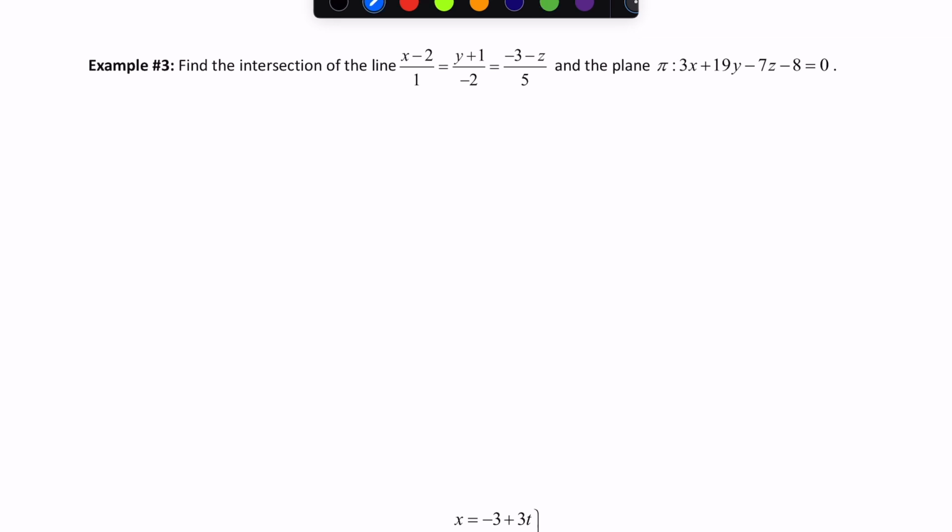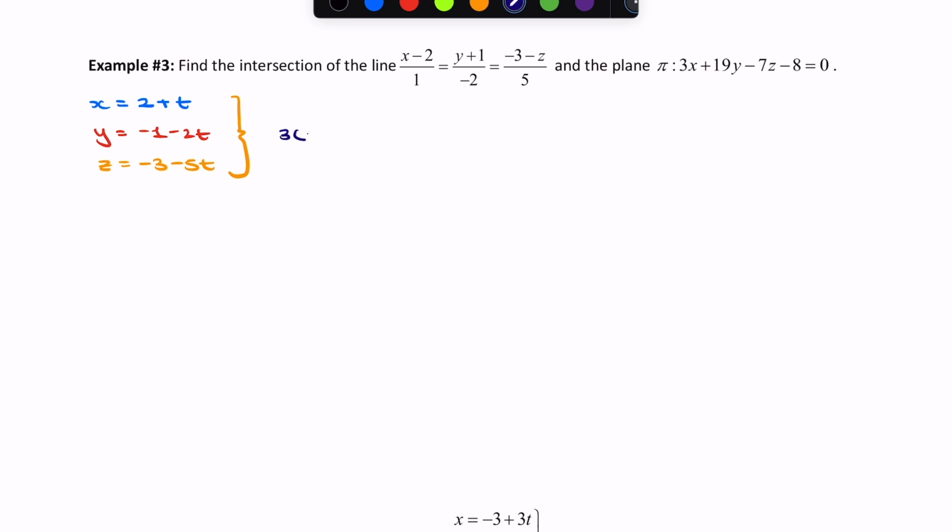Here, our equations are x is equal to 2 plus t, y is equal to negative 1 minus 2t, and z is equal to negative 3 minus 5t. We'll sub those into the equation of our plane.